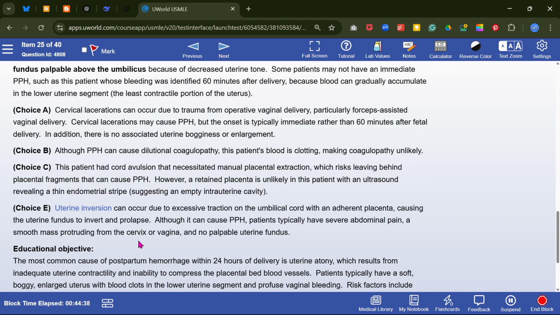Uterine inversion can occur due to excessive traction, but first, look at the uterine inversion.